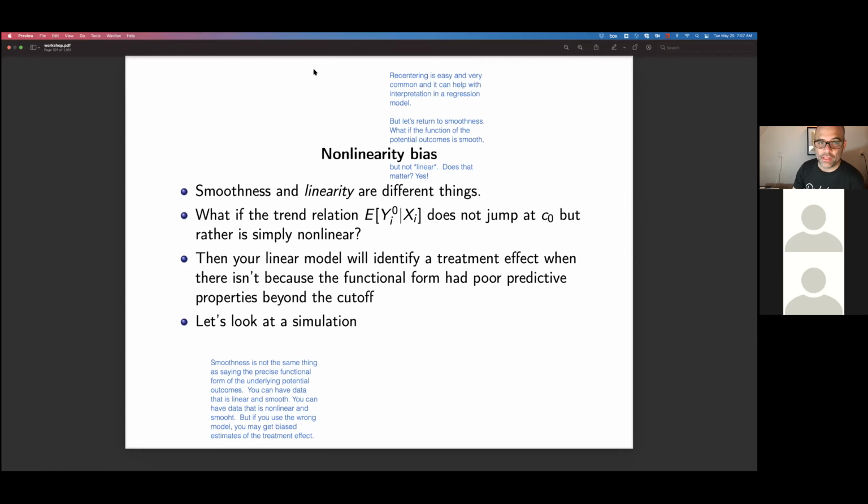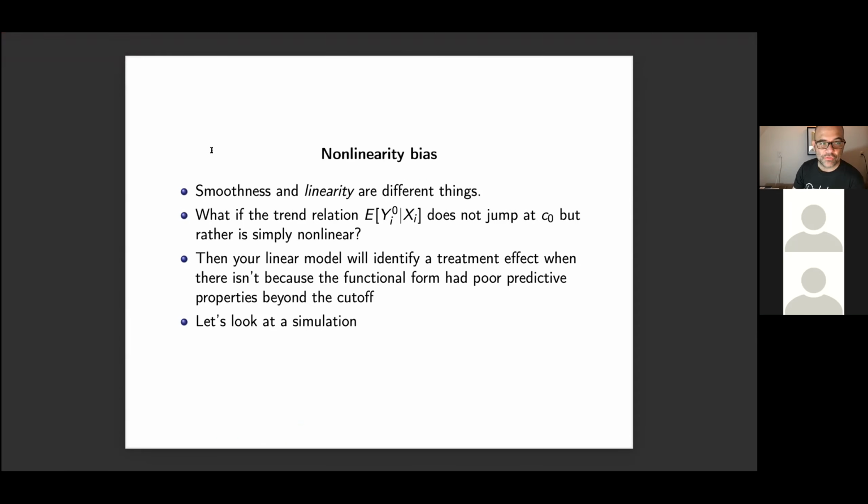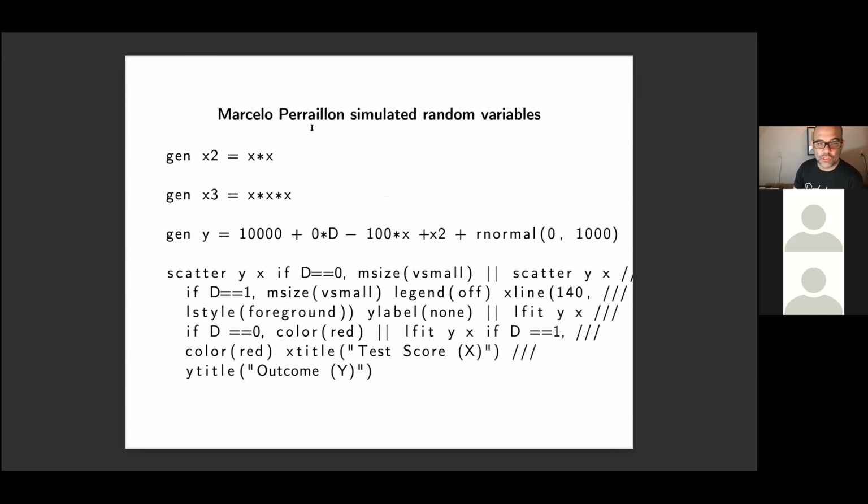Okay, let's look at a simulation. Again, I got this from Marcella. All right, so this is Marcella Perelian's simulated random variables. Marcella is a health economist at UC Denver. So this is his code. We're going to have here generate variable x2, generate variable x3. Okay, so notice this is a quadratic and this is a cubic.